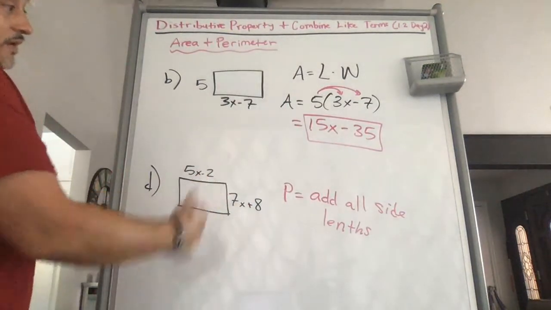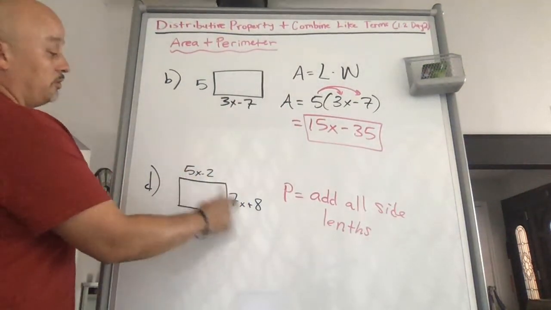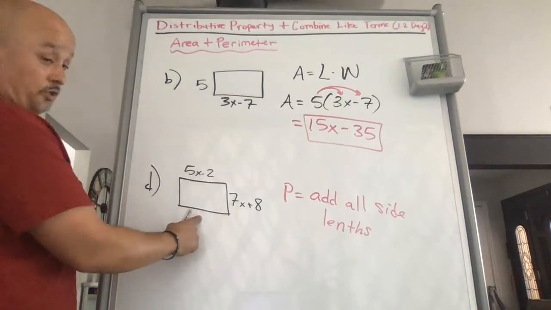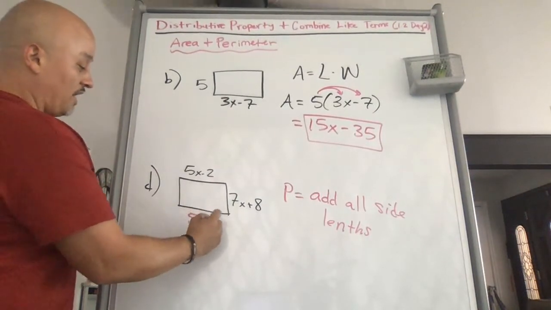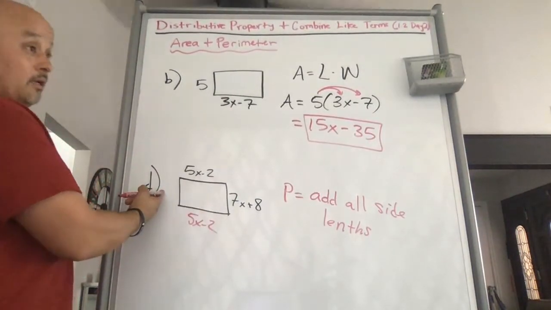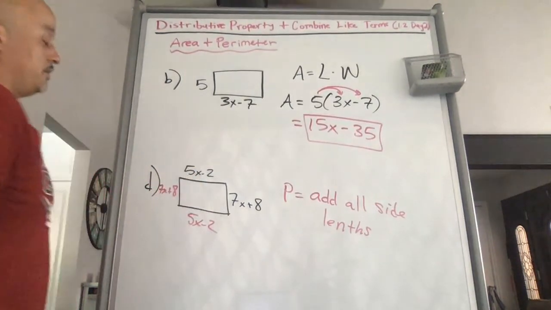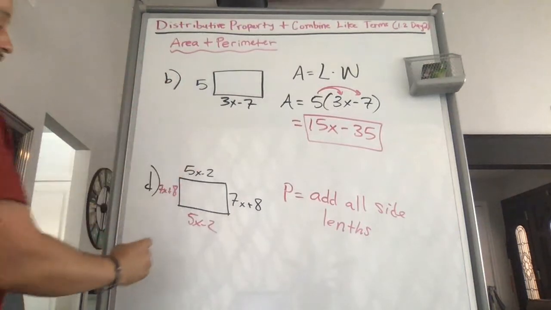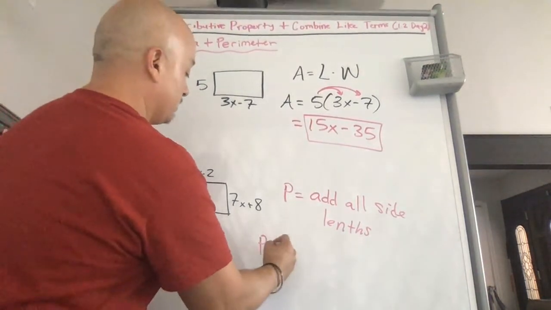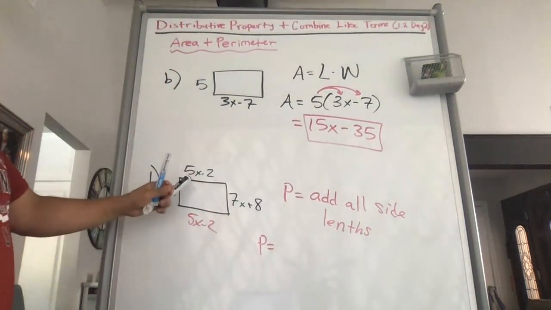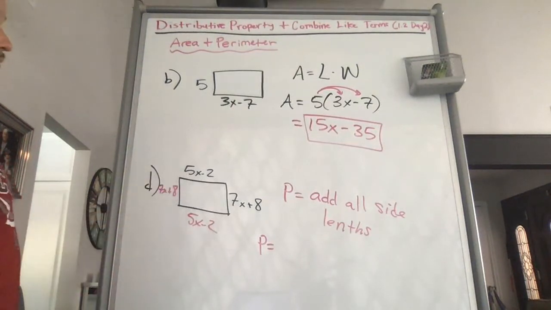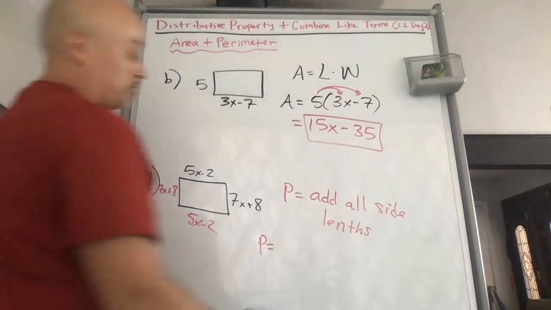So if I add up all the sides, guys, 5x minus 2 plus 7x plus 8 plus, you guessed it, another 5x minus 2 plus, that's right, 7x plus 8. So there's that, and I'm going to add up all the sides. So my perimeter here is... You could add everything up, or you could treat this as distribution also.